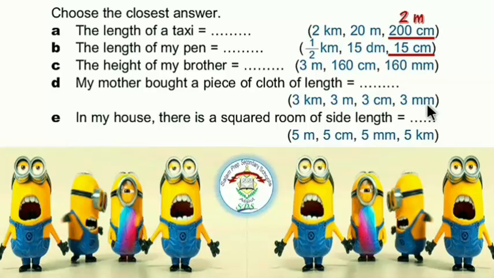Millimeters, we said before, are used to measure very small objects. Now we will compare 3 meter and 3 centimeter. 3 centimeter is very, very small. A piece of cloth is very long. So we will use 3 meter.